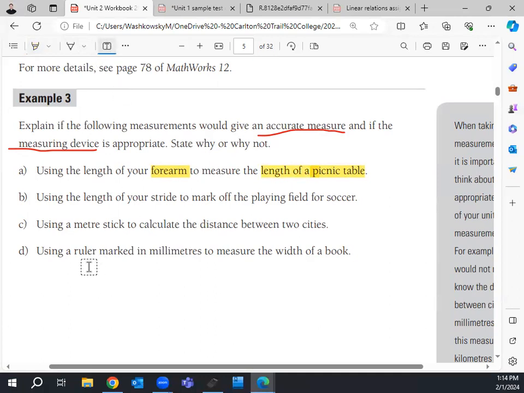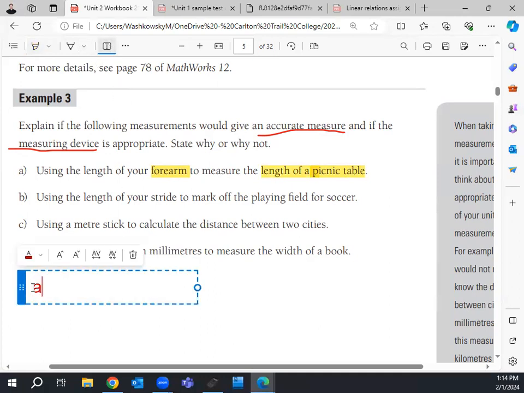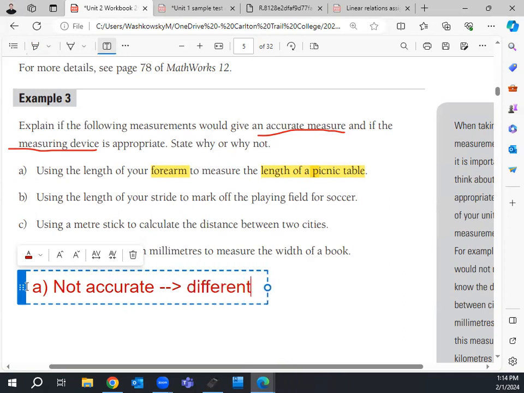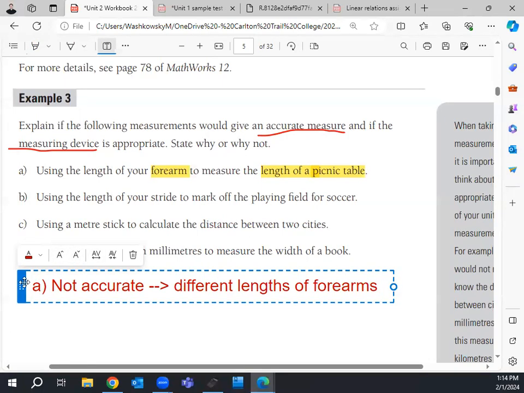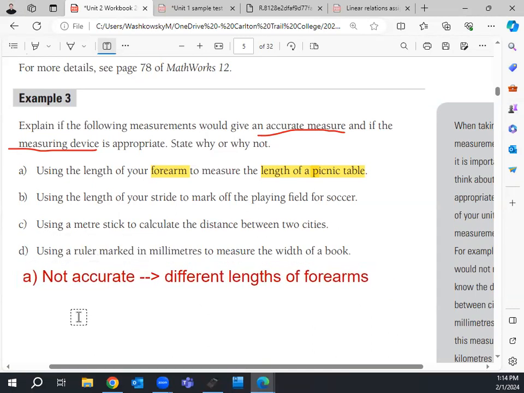First off, is this going to be accurate for question A? No, it's not going to be accurate, right? We all have different sized forearms. We have different lengths of forearms.